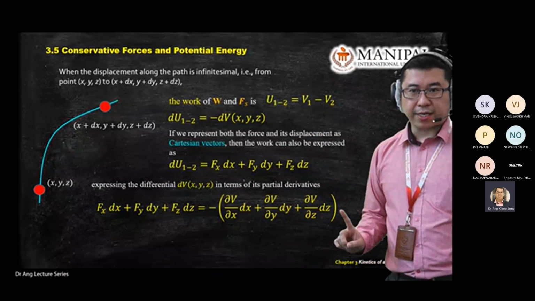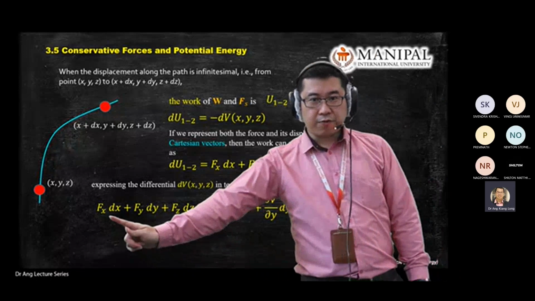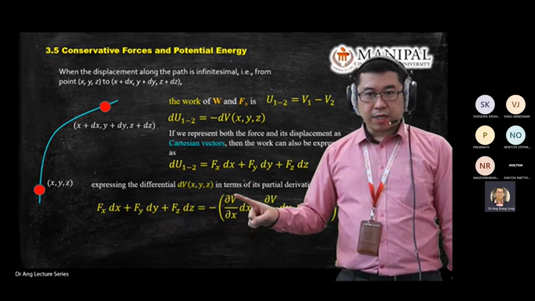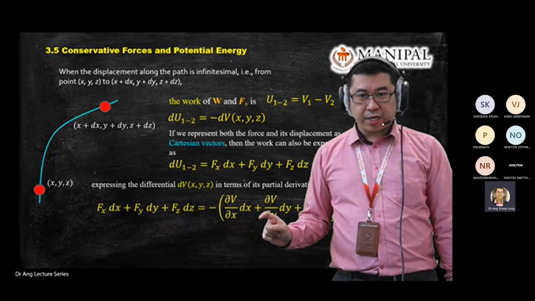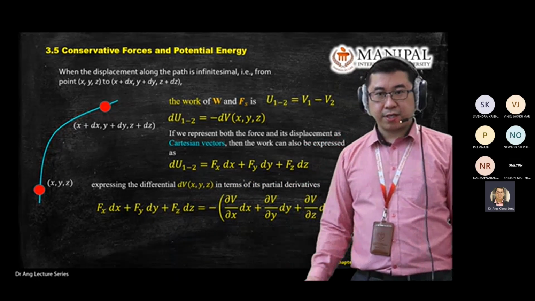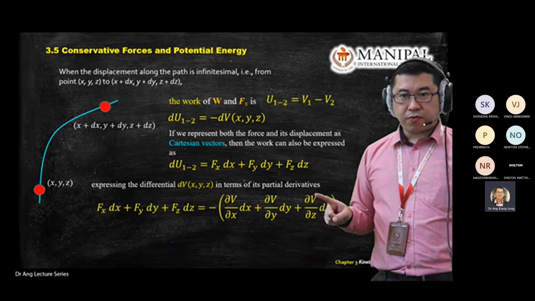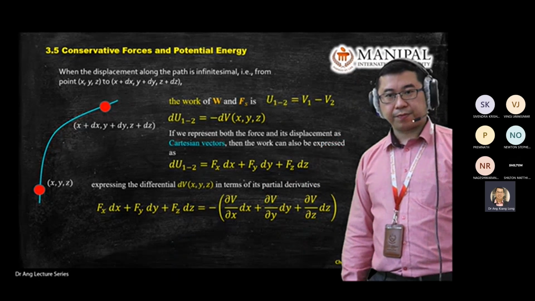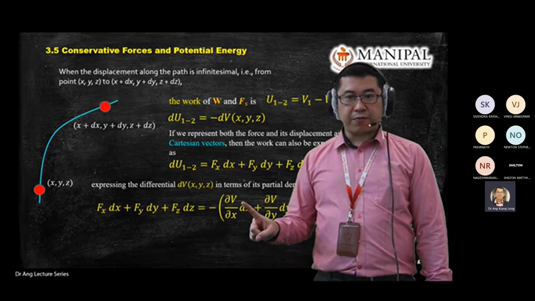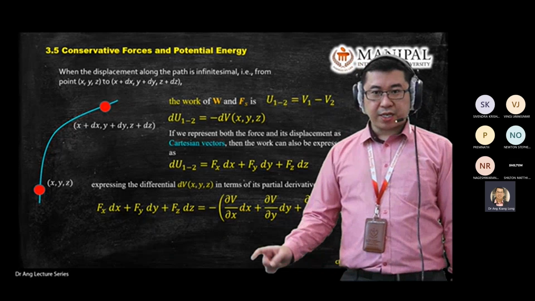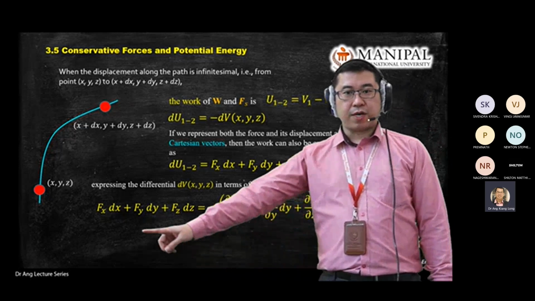What changes is your force. It is del V over del x, del V over del y, del V over del z. Again, what is V? V is energy. So how to find force?